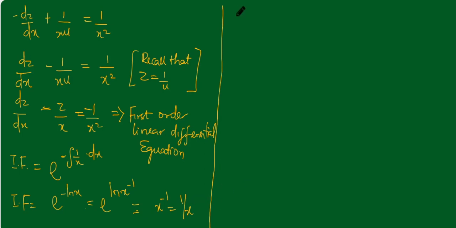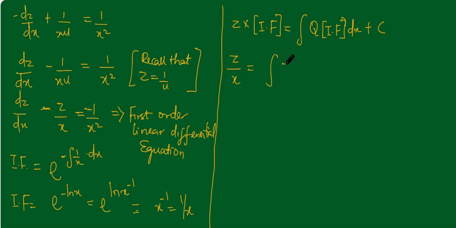Now to obtain the solution of our differential equation, we have z multiplied by the integrating factor must be equal to the integral of q multiplied by the integrating factor with respect to x plus c. So we have z over x is equal to integral of minus 1 divided by x squared multiplied by 1 over x plus c.